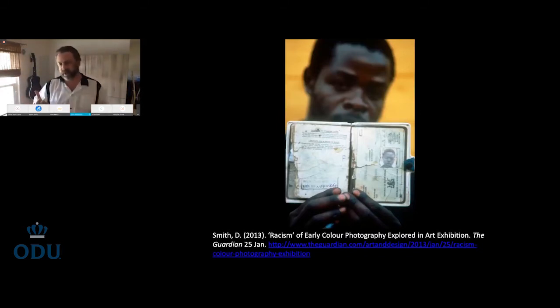So Polaroid, for example, they produce the cameras, they print out the photograph and you wave it around and it develops in the normal sunlight. Polaroid was hired by the apartheid South African government to produce ID cards, which you see here.